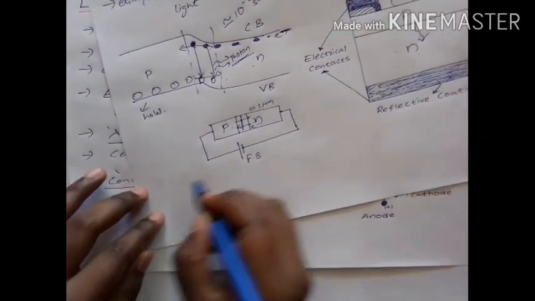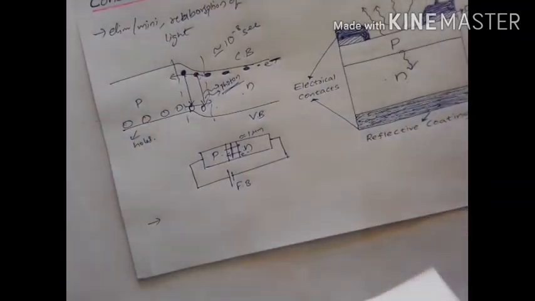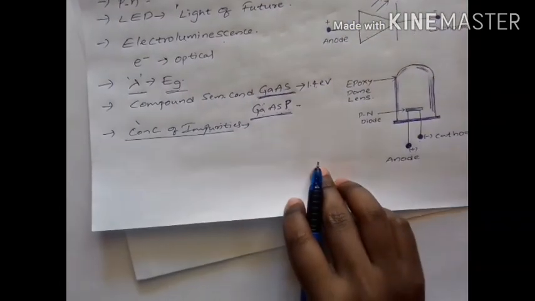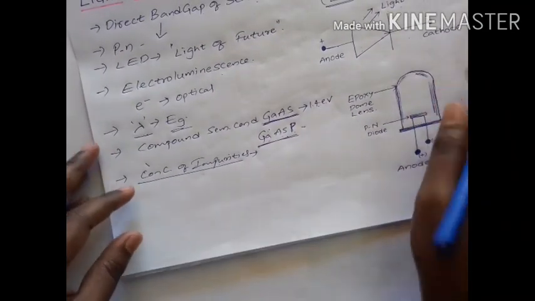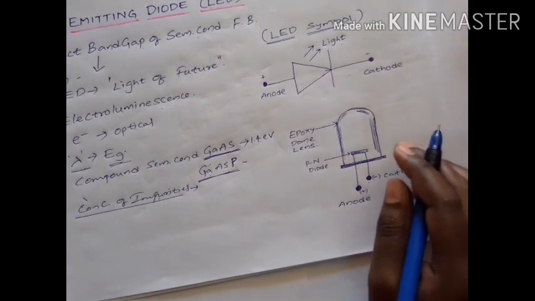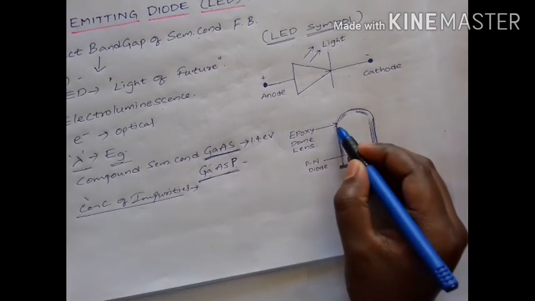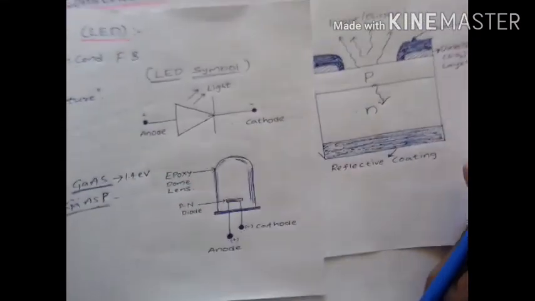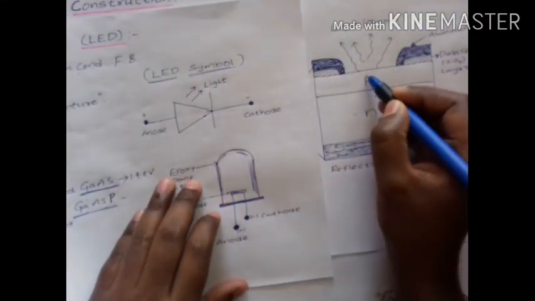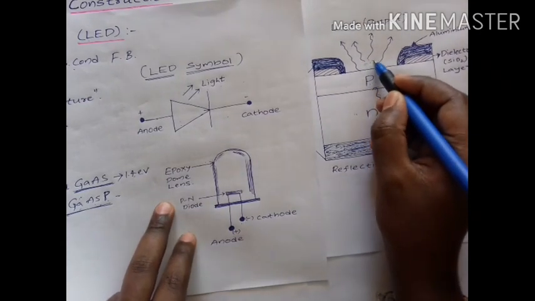And in the beginning of my lecture, I said I would explain why we use this hemispherical structure. Why do we use this hemispherical structure in the arrangement of LEDs? The answer to that question is, see here, the photons are coming from the semiconductor region to an air region.